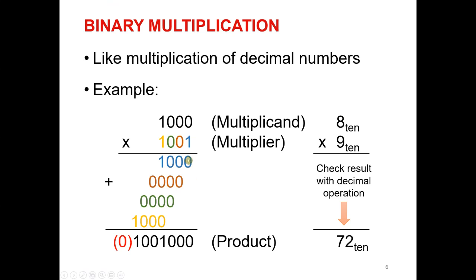This will be the result. In this case, the carry is 0. And in order to check the product, I can, as always, check it with the decimal operation. And in this case, we see that this result matches the binary and the decimal. Makes sense? This is just what you do with decimal numbers.